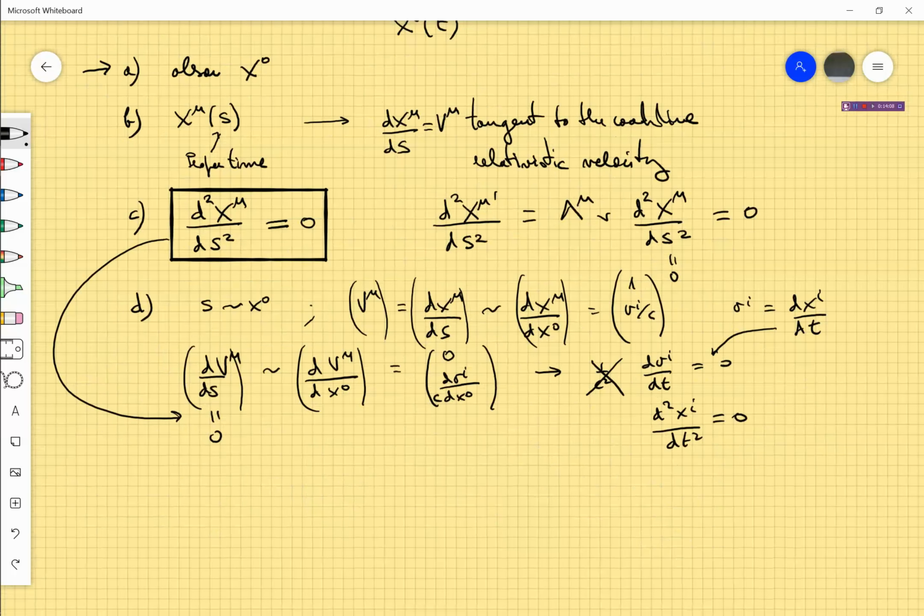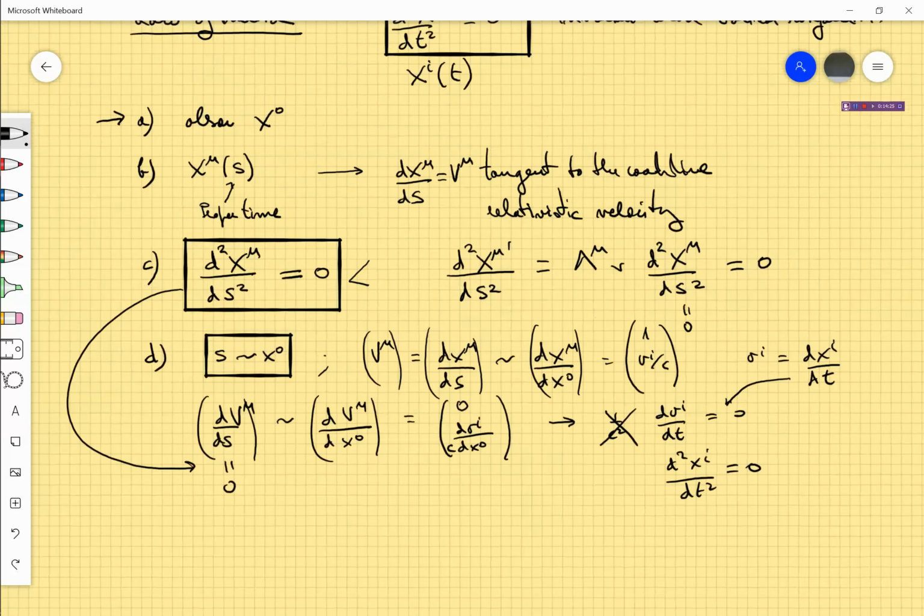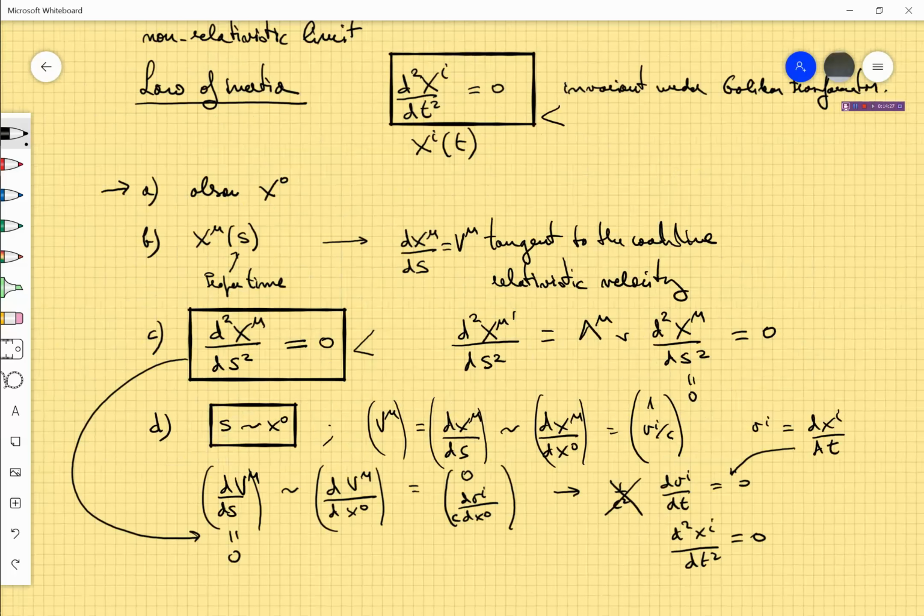So approximately, because in this limit of small speeds s is very close to x0, we can replace it. We find that this relativistic law implies the non-relativistic one.